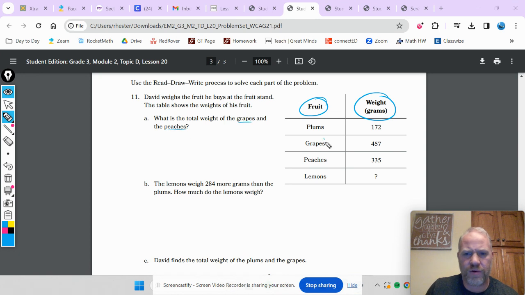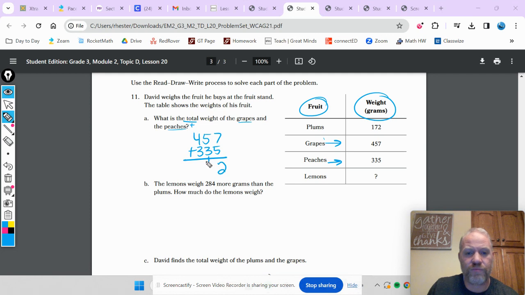So we look for grapes and peaches. Total meaning add. So we have 457 plus 335. So we're going to start counting. 7 plus 5. Now, if you're somebody who needs to draw your hundreds, tens, and ones, go for it. 7 plus 5 is 12.